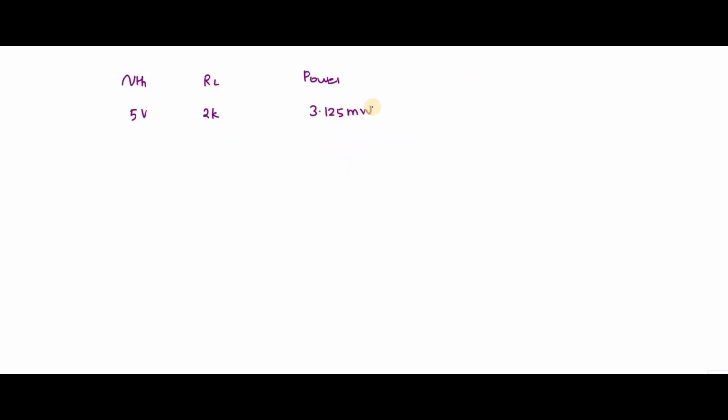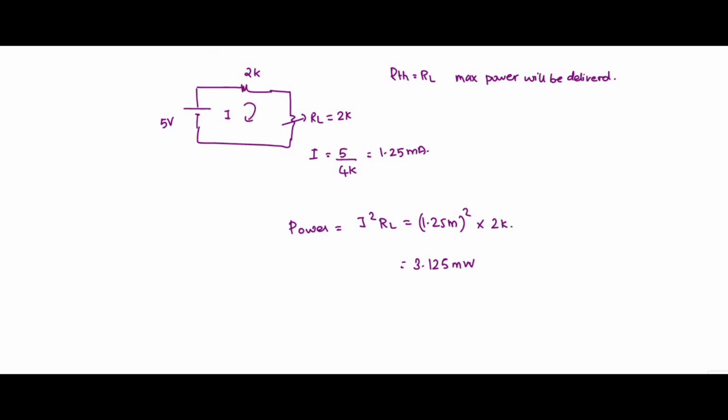Okay. So what happens when RL is equal to 1K? If RL is equal to 1K, I will get I is equal to 5 divided by 3K, right? So what is 5 divided by 3? 5 divided by 3 is 1.666 milliamps.